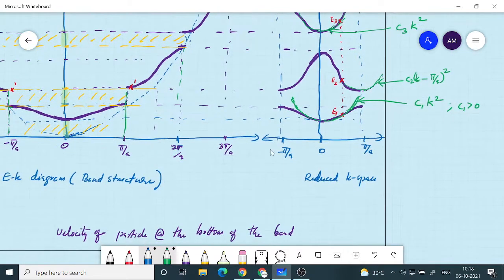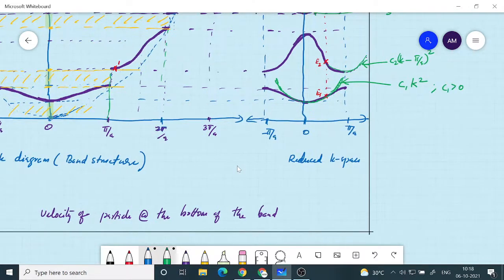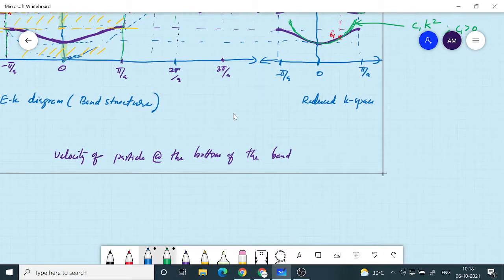What I am trying to do is this: because I know that a parabolic band structure was the case for a free electron, I am trying to consider it as a free electron and apply the same equation that we used to connect classical mechanics and quantum mechanics.